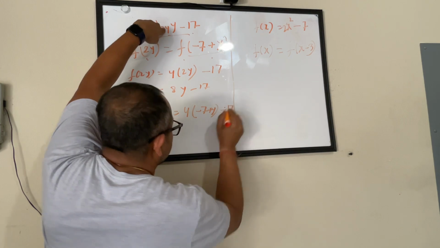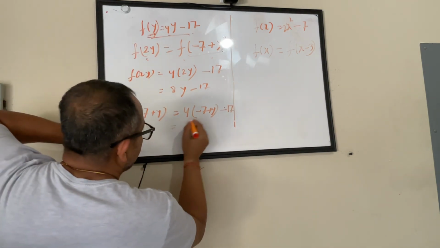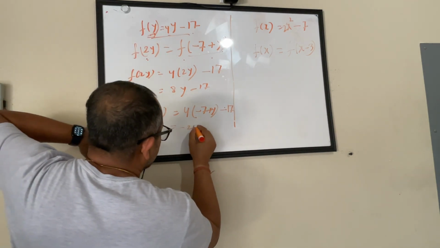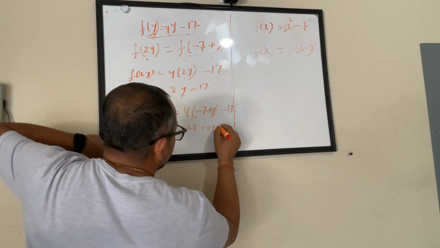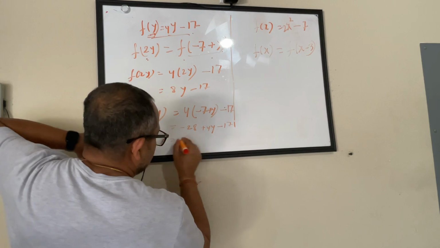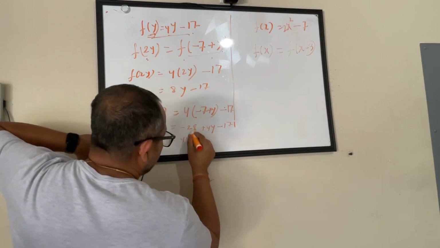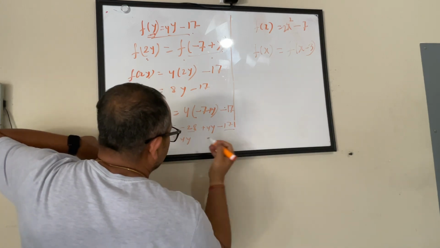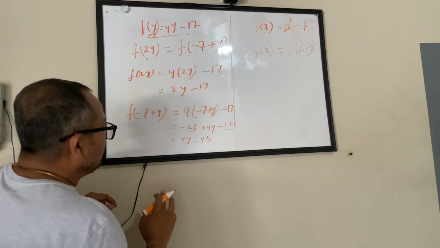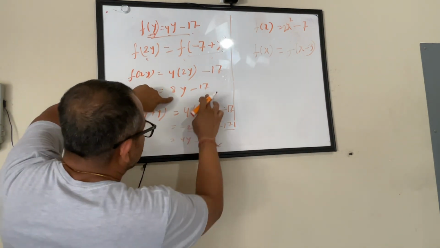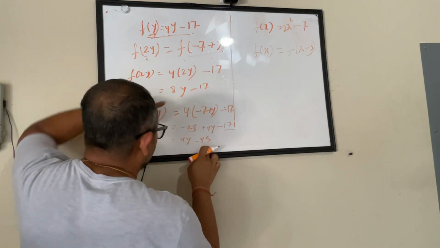Minus 17. Now break it down. 4 into minus 7 is minus 28. 4 into y is 4y, minus 17, which equals 4y minus 28 plus minus 17, minus 45. So I got 8y minus 17 equal to 4y minus 45.